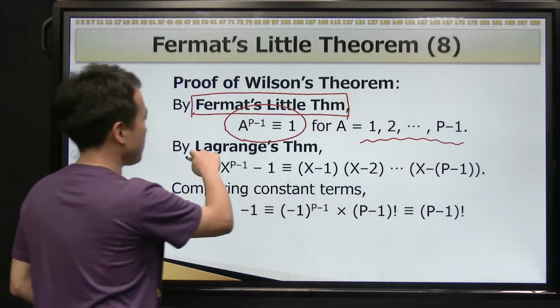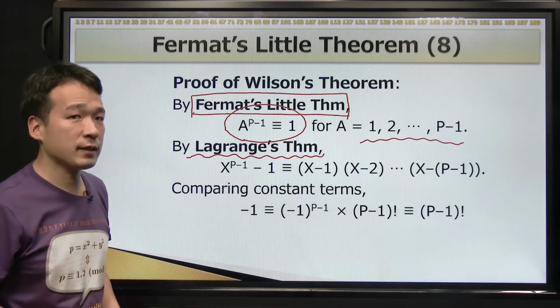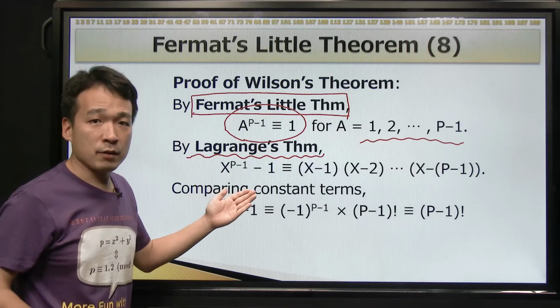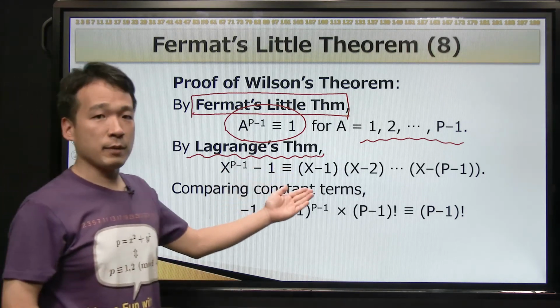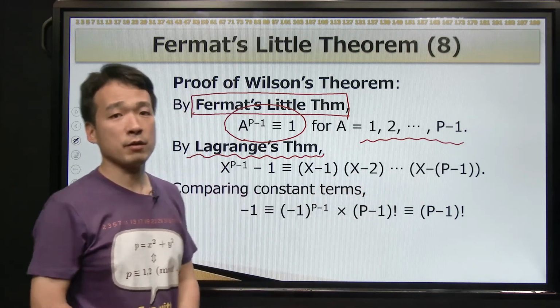By Lagrange's theorem, we conclude that x to the p minus 1 minus 1 must be equal to the product of x minus 1, x minus 2, up to x minus (p minus 1).